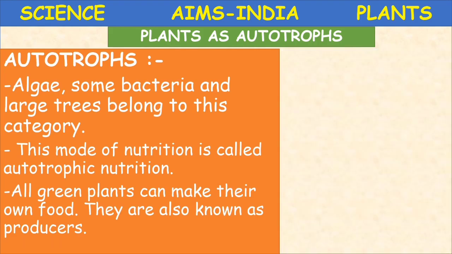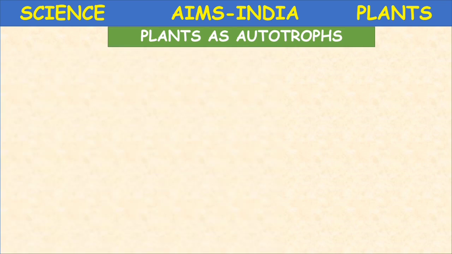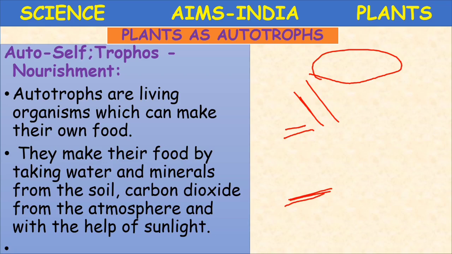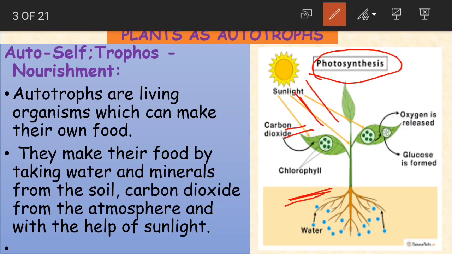If you see in the previous slide, we'll just go back to it once. See here. When this photosynthesis process is happening, on this side you see oxygen and glucose. This process results in glucose and oxygen, in the sense it is releasing glucose and oxygen.